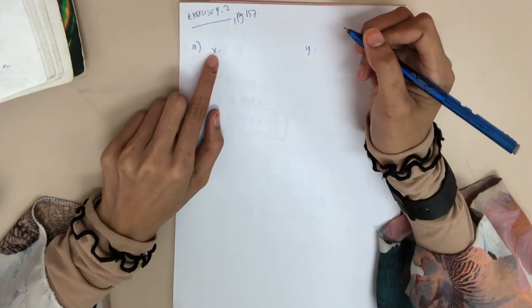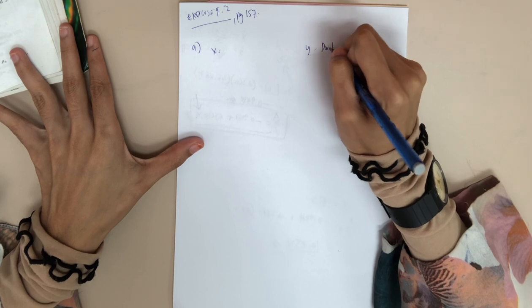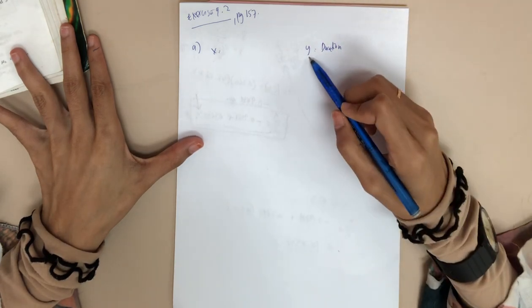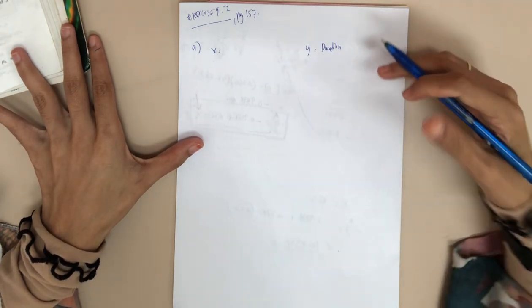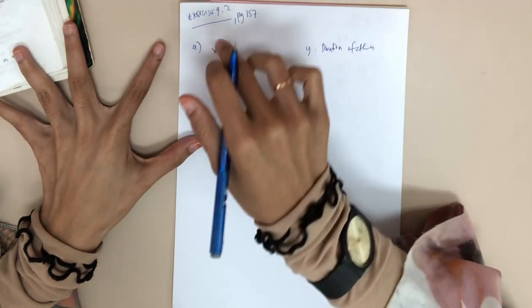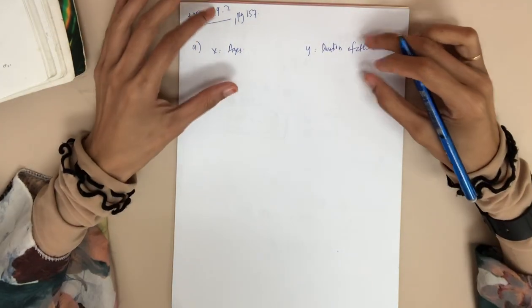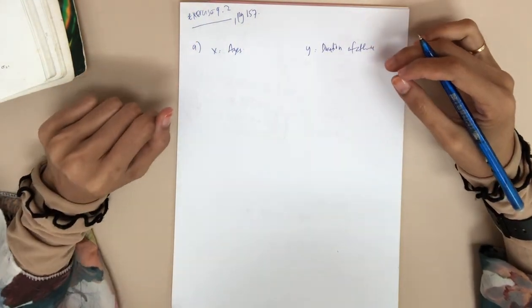X is independent, Y is dependent. So the duration will be the dependent variable, which is Y, because the duration of an attack will depend on the age. So this is the answer.